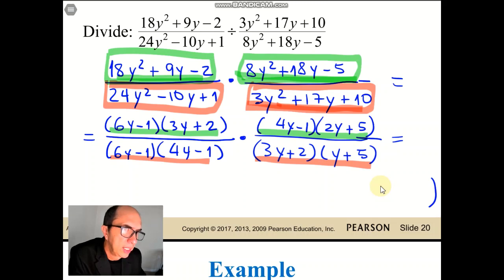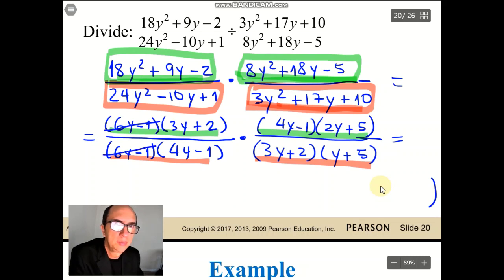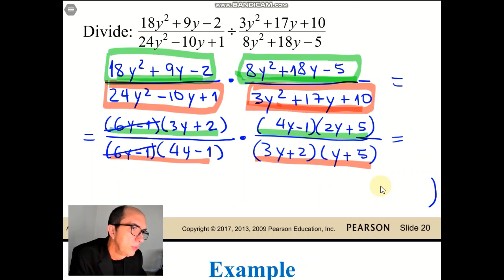And check it out. We can simplify 6y minus 1 with 6y minus 1 right here. We can't simplify anything else yet, but after we do the multiplication, let's do the multiplication first.